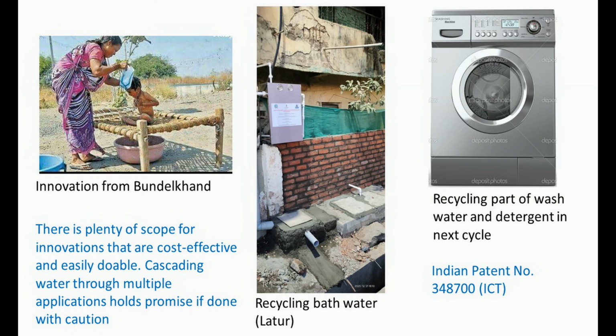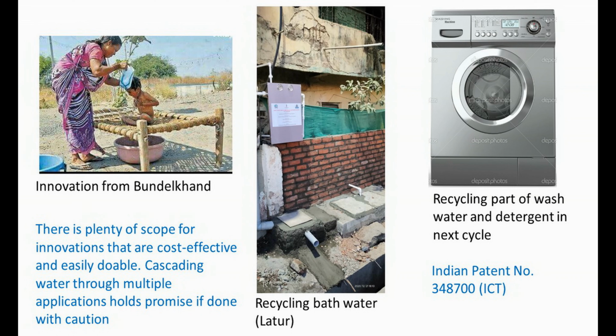But they're all low hanging fruits. Can you imagine with all the washing machines and the wastewater, how much of an opportunity exists to recycle the water, and if you can recycle the detergent or regenerate the detergent by some means.